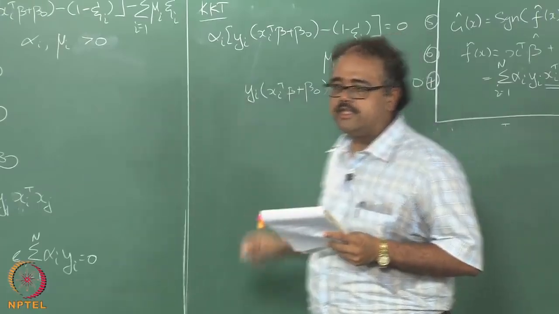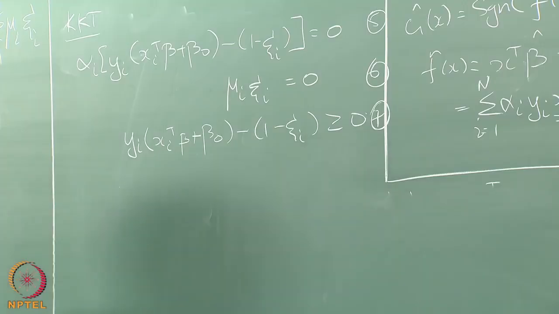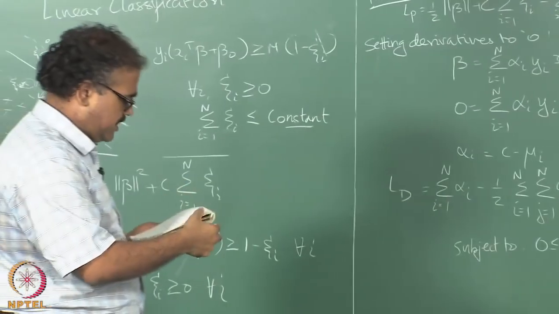So 1 to 7 are the KKT conditions. So what do you notice here again?